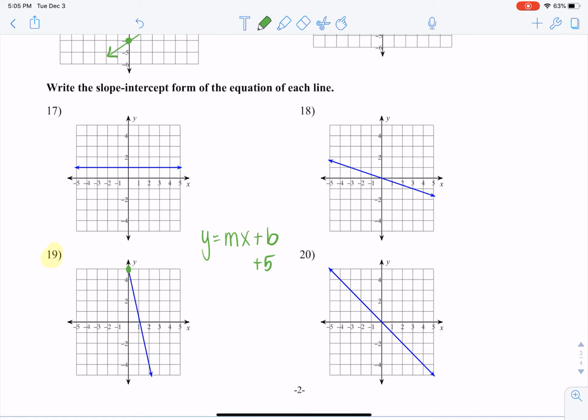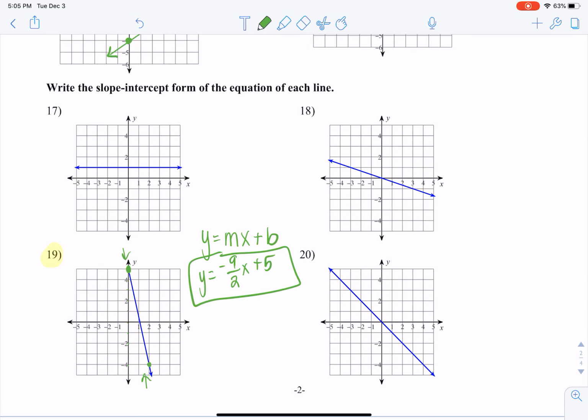So it looks like I have this y-intercept, and let's come down and pick this point right here. To go from this point to this nice point, I go down 1, 2, 3, 4, 5, 6, 7, 8, 9. So down 9 and over 2. So the equation of this line is y equals -9/2 x plus 5.